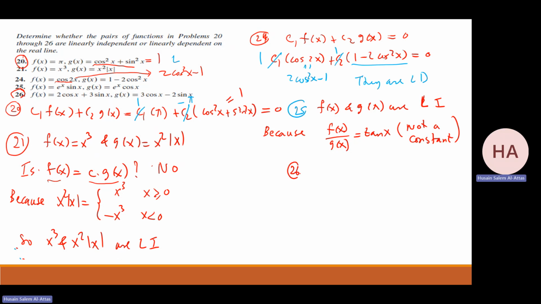Is there a way to write one as a multiple of the other one? Is that possible?